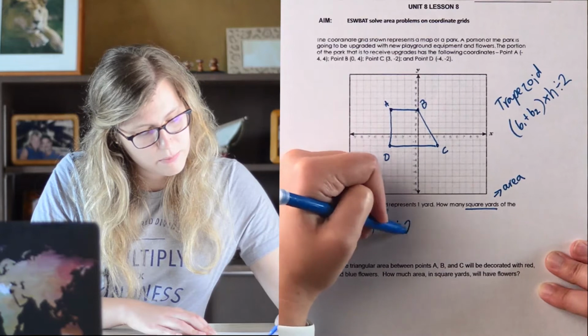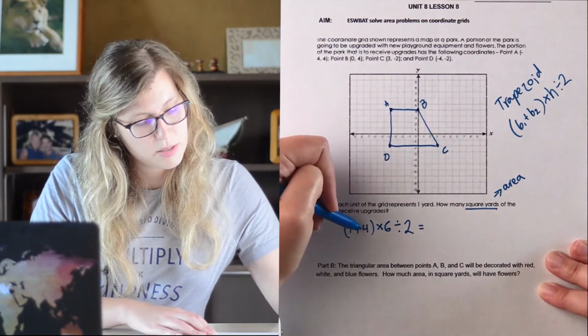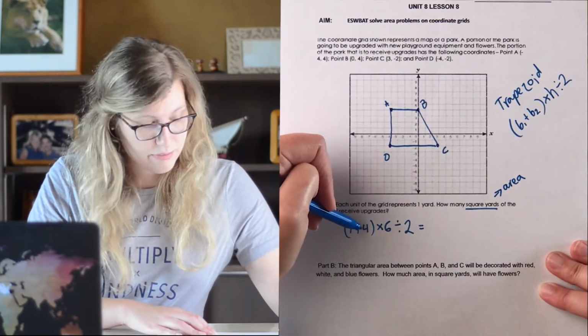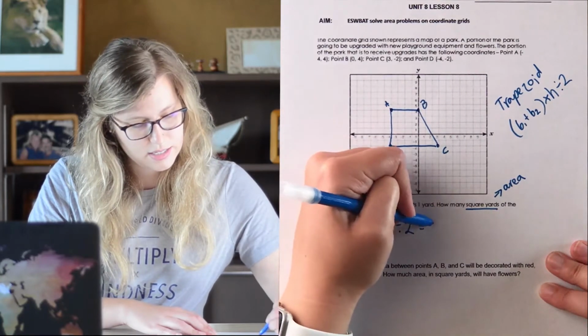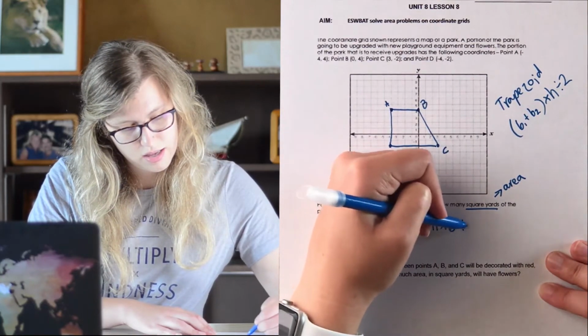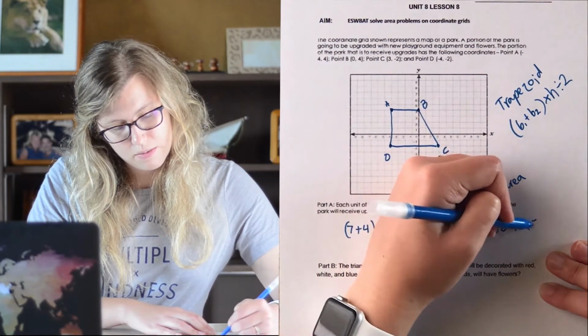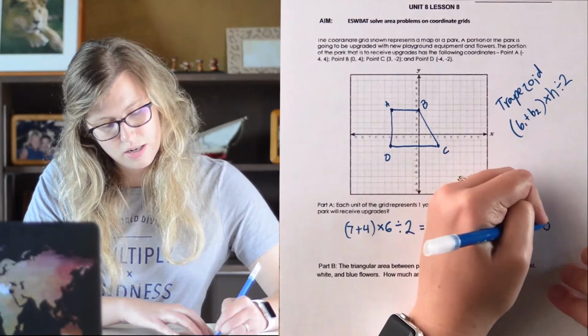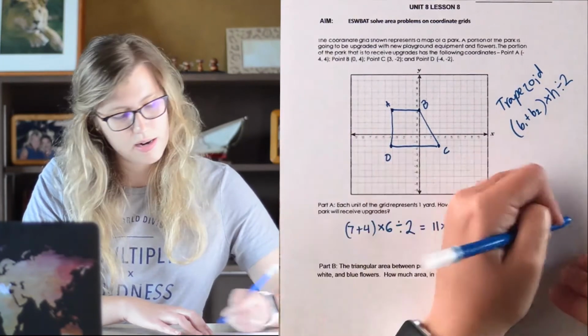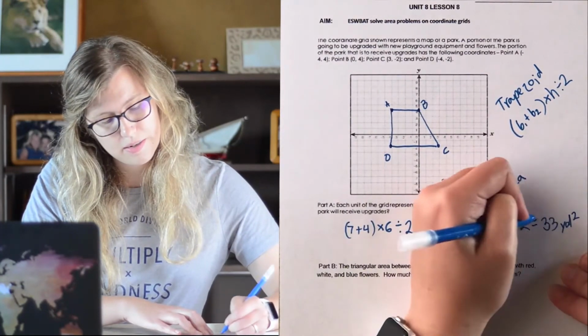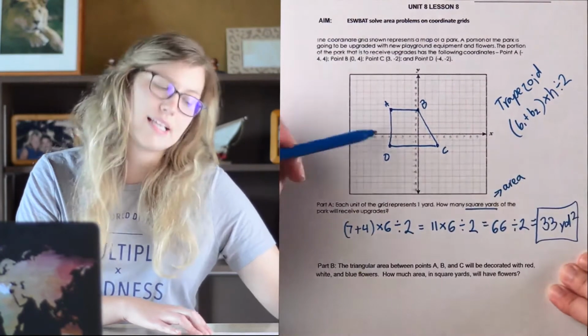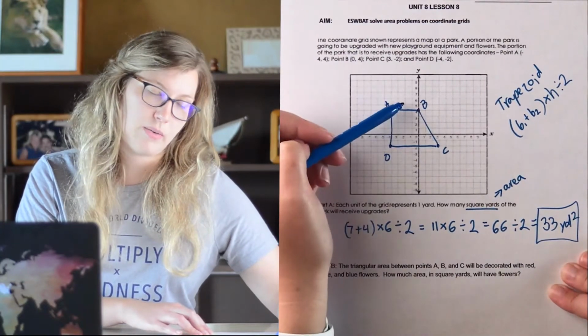And then I'm just going to divide by 2. So 7 plus 4 is 11. 11 times 6 is 66, divided by 2 equals 33. And what were my units? Yards. So yards squared. So that is the area of this trapezoid.